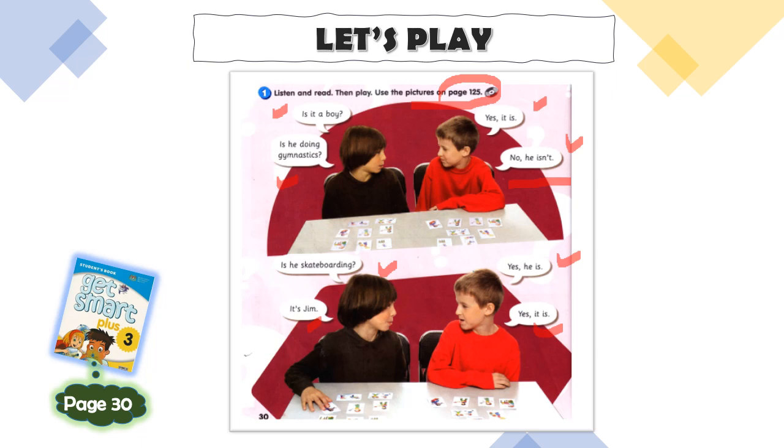Okay, you just have to look at the pictures and then ask any questions, but using this structure. Okay, let's do some exercise before you turn to page 125. Okay, it's about daily activity. You just have to look at the picture and look at the question and try to think of the answer. Okay, so let's start now.